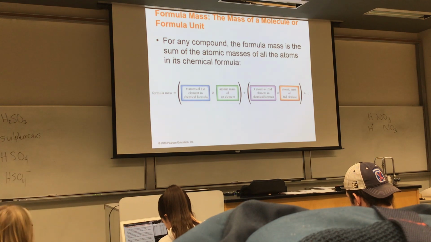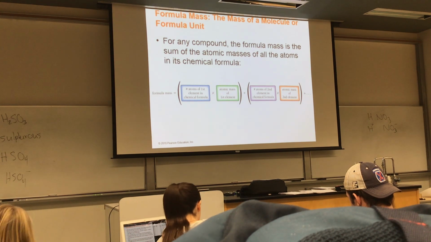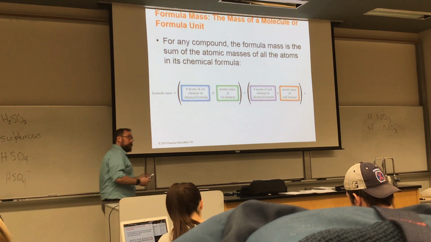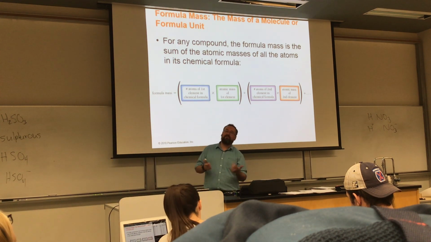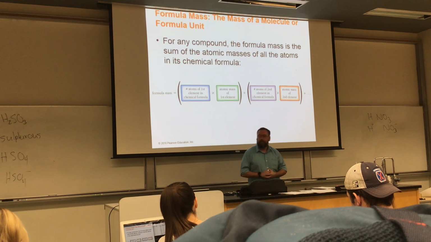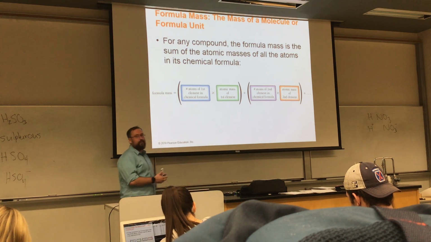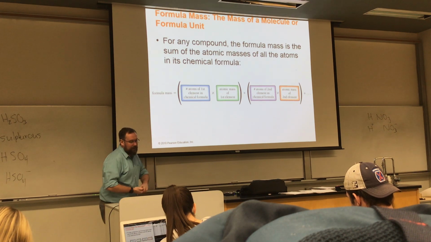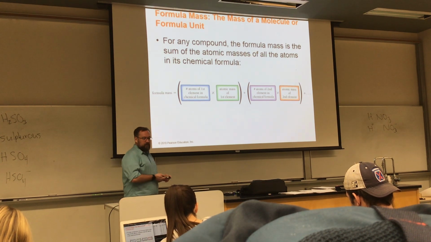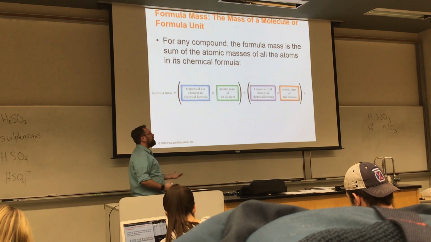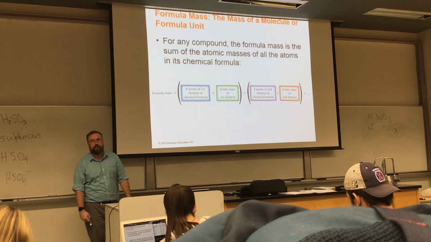Formula mass. So formula mass. How do we figure out how heavy our molecule is? Because sometimes that's nice to know. In fact, most of the time, we're going to be dealing a lot with the masses of molecules. So for any compound, the formula mass is the sum of all of the atomic masses of all of the atoms in its chemical formula.